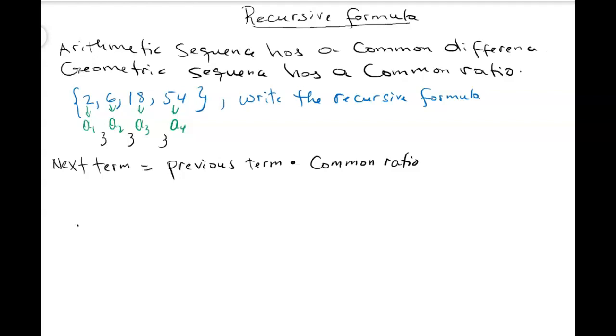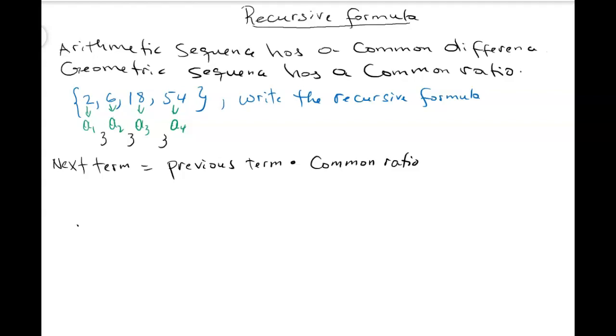So as you can see, let's say I want the value for the 4th term. What I will need to do is, the previous term for the 4th term is the 3rd term. So I'll take the value, which is 4 minus 1 is 3. I'll take the value of the 3rd term and I will multiply by the common ratio.